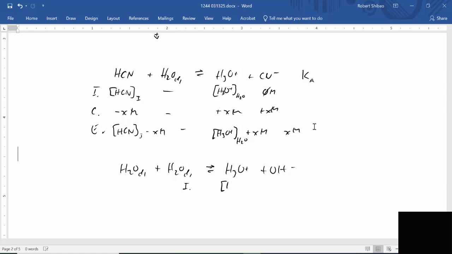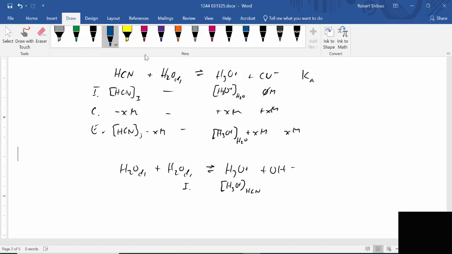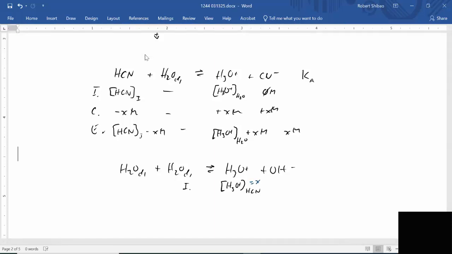So I'm going to call that the hydronium that's going to be generated from the HCN. Well, you know how much hydronium is generated from the HCN? We call that X. Right. And so over here, the HCN is going to generate additional hydronium, which is X. And that's what I'm going to have here. The hydronium from the HCN is X, whatever we generate. I don't know what X is, however much we generate, because of the common ion effect. The common ion effect is here.